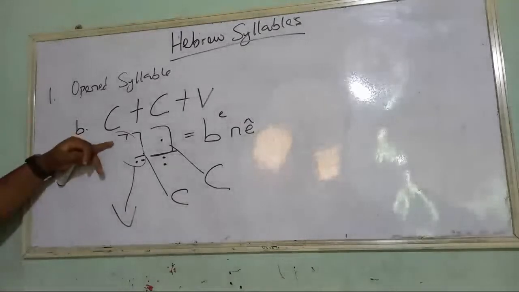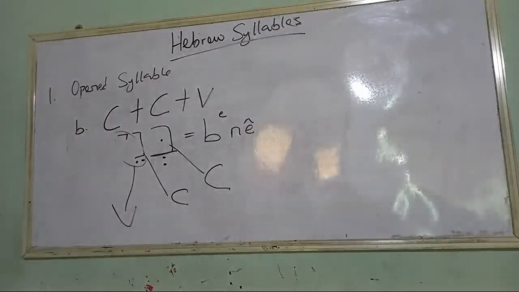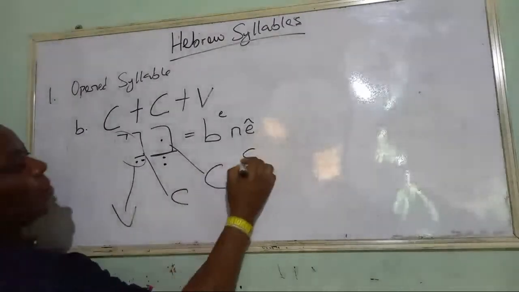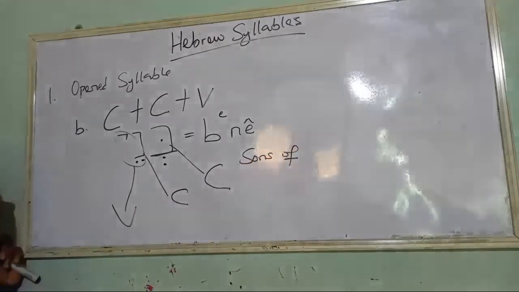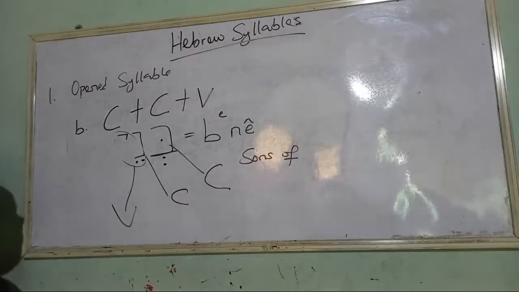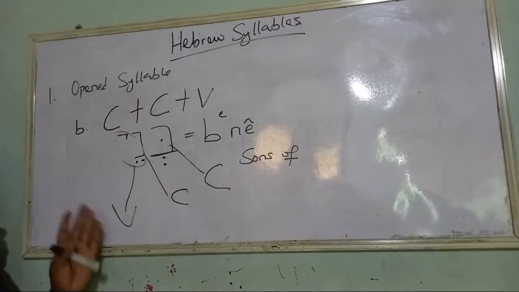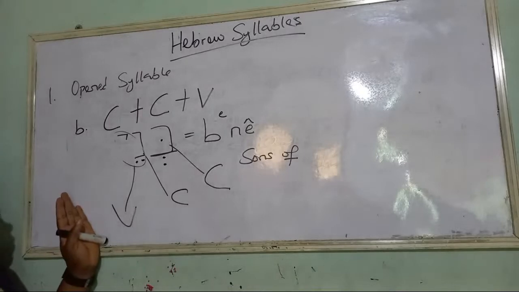So this is an open syllable. B'nai means sons of or children of.